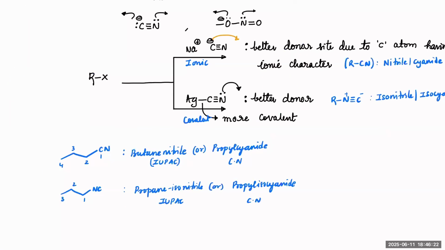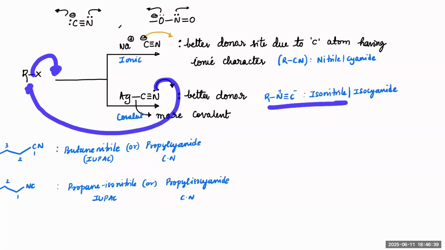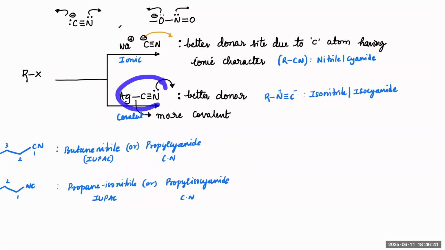But if you take AgCN, this is a covalently bonded metal. So the lone pair is only present on nitrogen. So nitrogen is a better donor. So nitrogen will attack here and remove this X. Thereby you will get isonitriles. So with AgCN, you will end up getting isonitriles. With NaCN, you will end up getting nitriles.